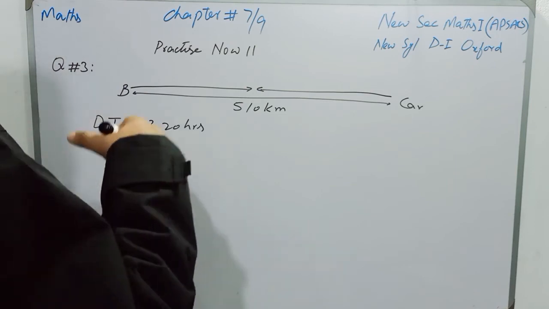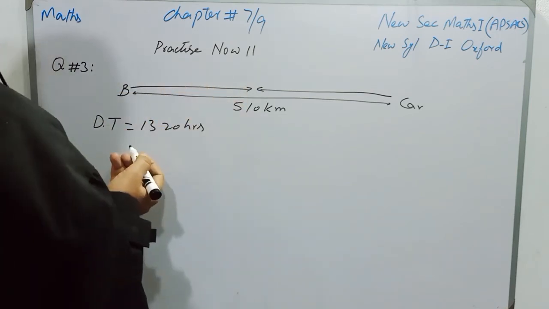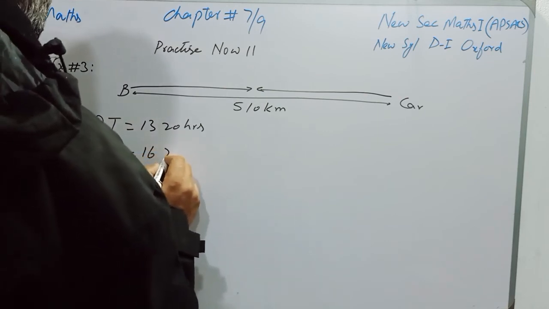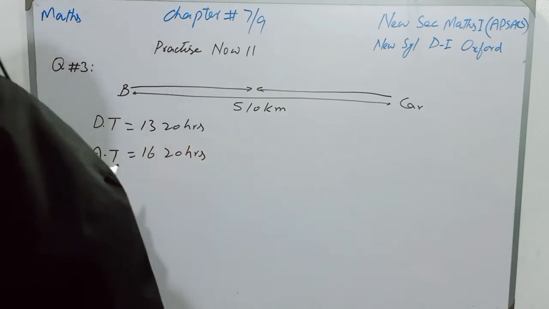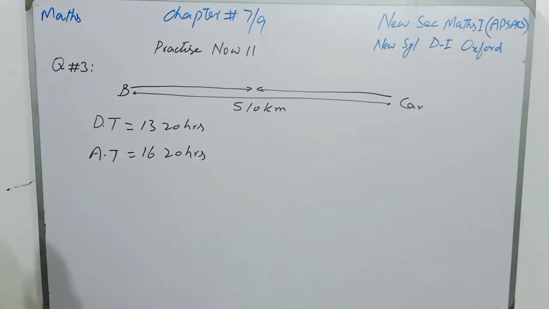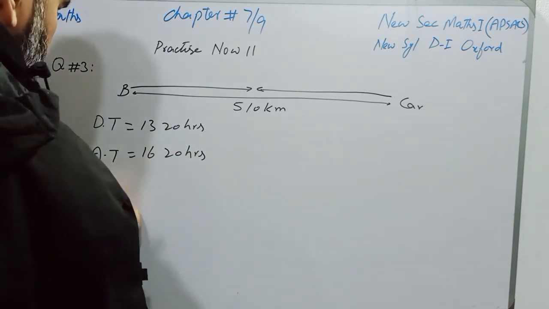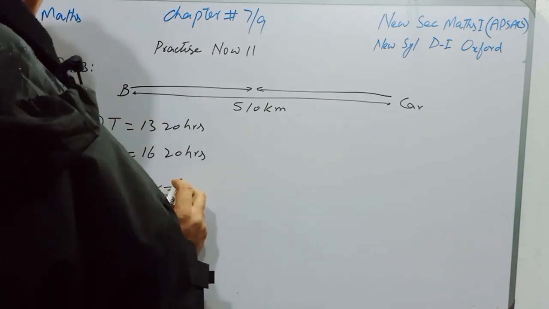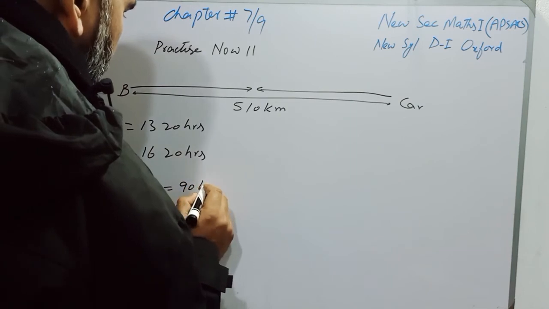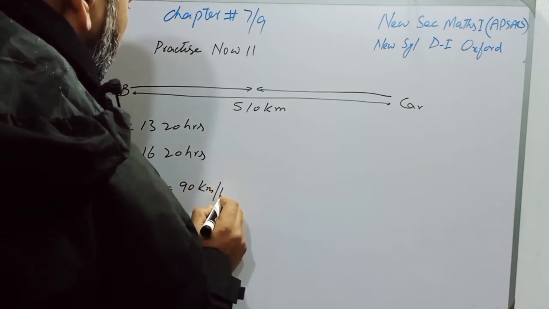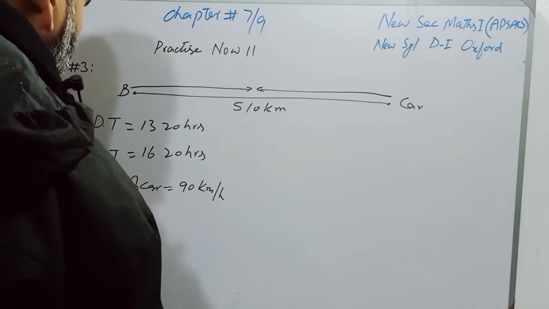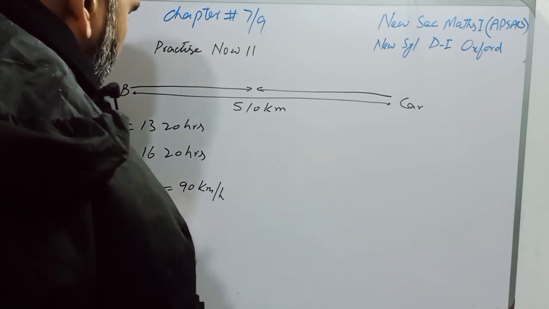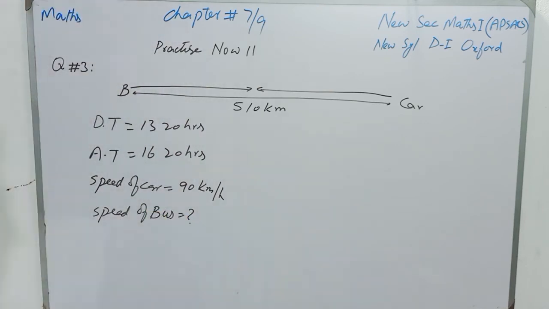Their intersecting or meeting time, or you can say their arrival time, is 16:20 hours. And students, the speed of the car is 90 kilometer per hour, and we have to find the speed of the bus.